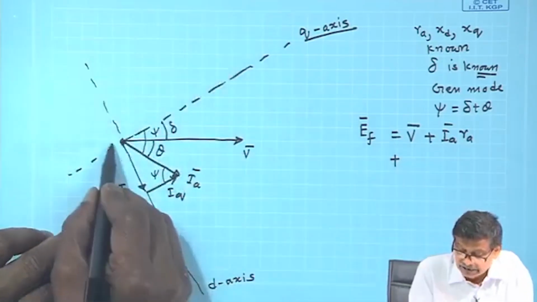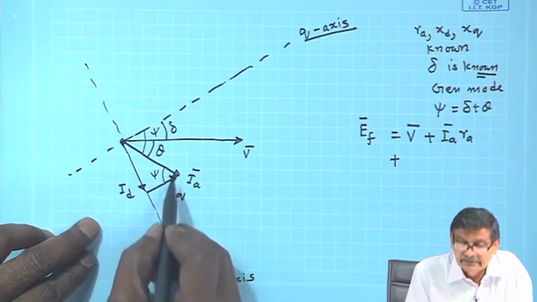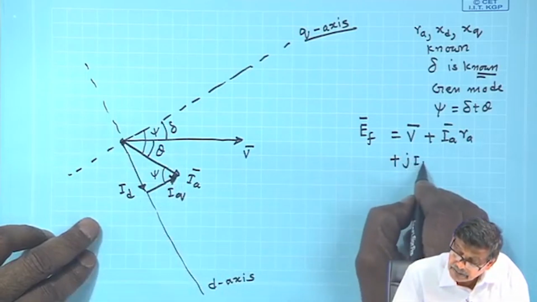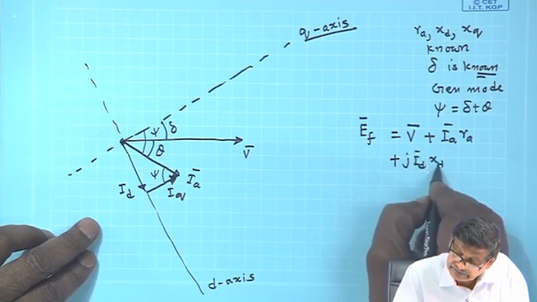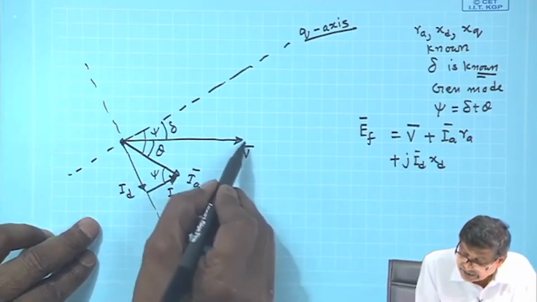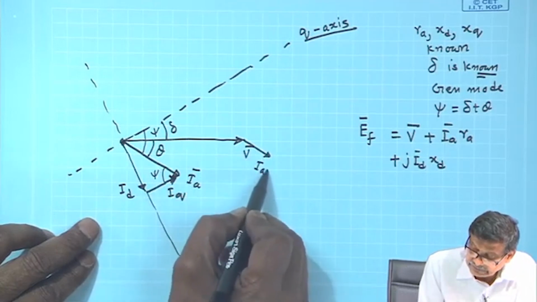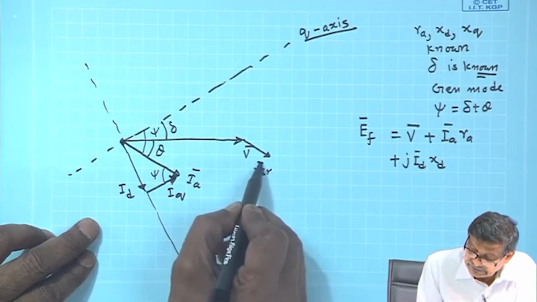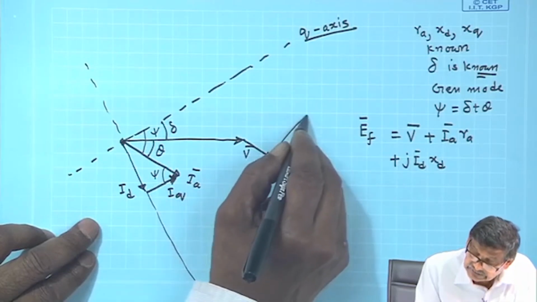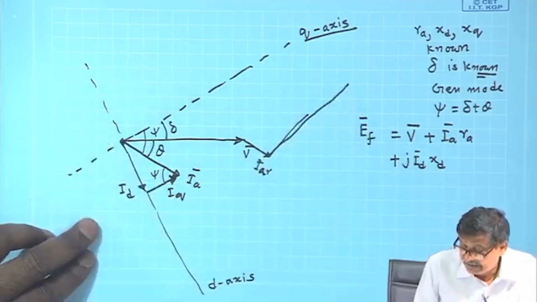I will write, instead of I a there are two currents. So, j I d x d, where will it be? It will be perpendicular. I R a first I will add, I R a I will add, I R a. This is I R a. Then I will add to this, oh sorry, this will be parallel to q axis because I d is here.